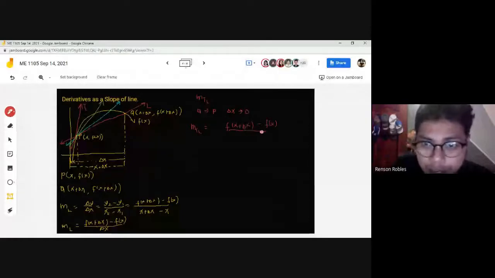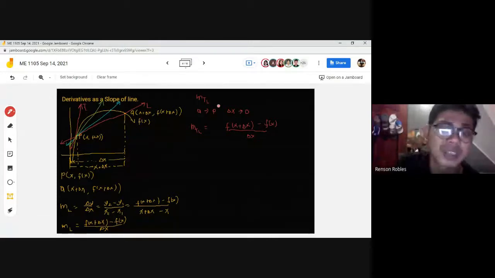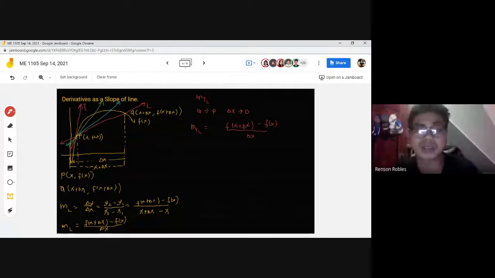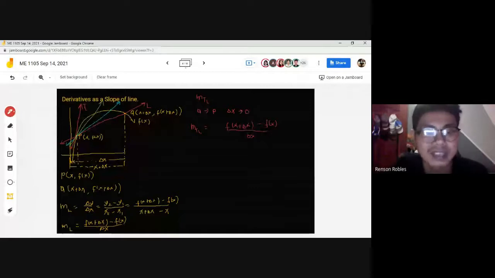Now, what will happen, sir? When this line is already tangent to this curve, y equals f of x, doesn't point Q coincide with point P, and therefore delta x is now equal to 0? And that cannot happen, right? Yes, it's true that when line L becomes a tangent line, then point Q and point P coincide.